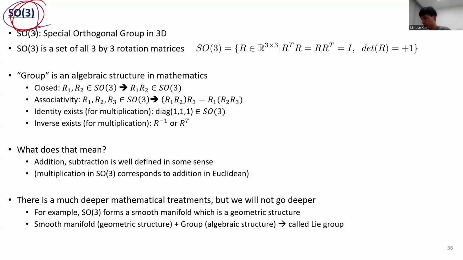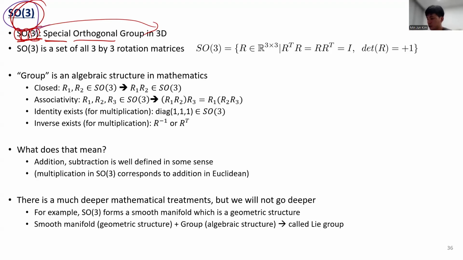I will not go deep inside. So SO3 means S for special, O for orthogonal, 3 for 3 dimensions. So SO3 is the special orthogonal group in 3D space. That's just a name.